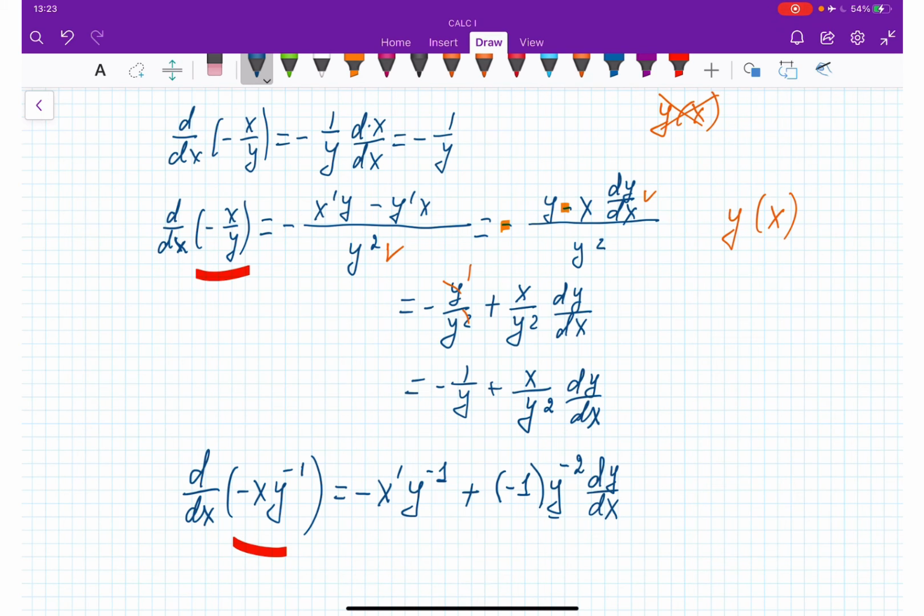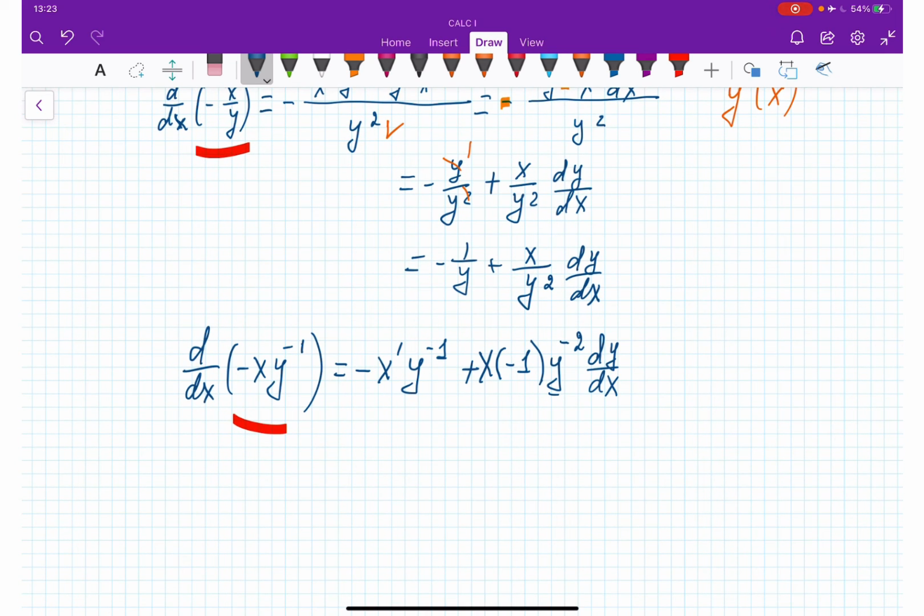And then we multiply by x, I'll put it here in front. As a result, the derivative of x is 1, so we get negative 1 over y, and plus, hold on, negative times negative x, yes, because we have a negative.